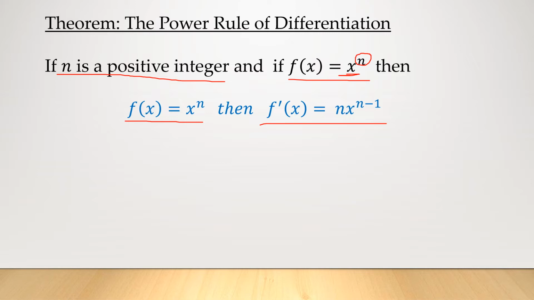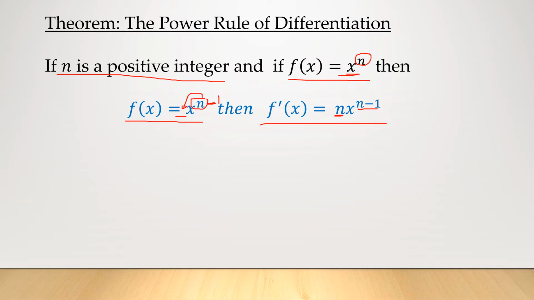If you observe, our exponent n moves to the numerical coefficient. Then our exponent n, we subtract it by 1.